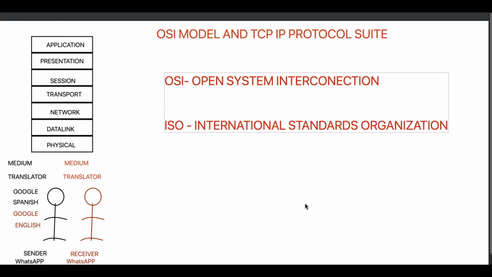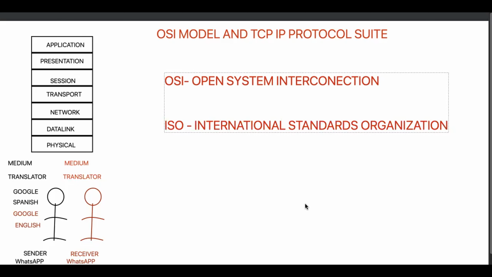The OSI model is also a layered framework. It has 7 separate but related layers, and these layers define the process of how data moves across the network.